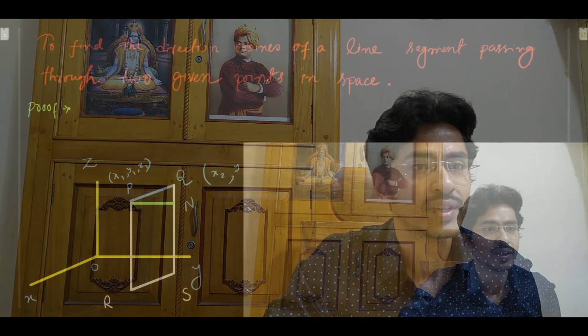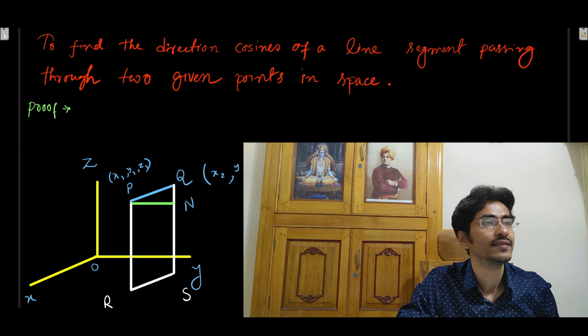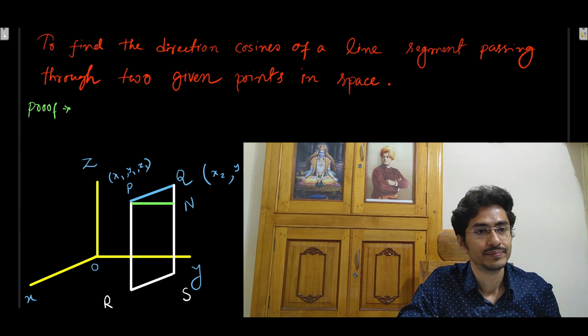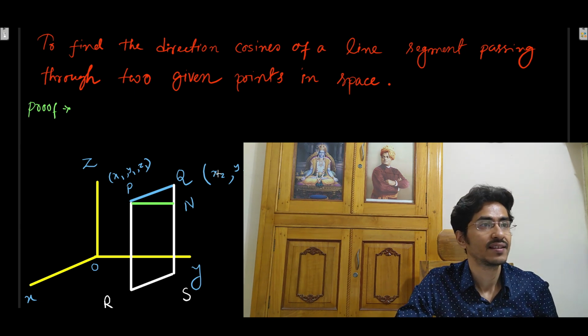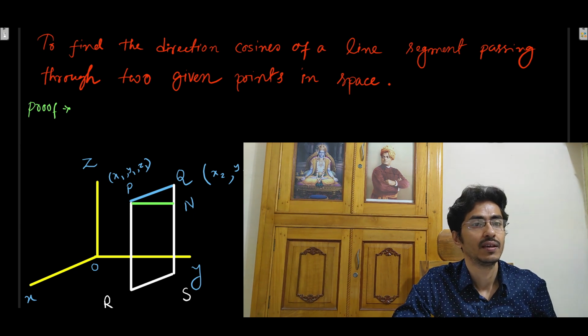Later in the proof, we will consider the right angle triangle PNQ. So here we will draw another picture. Here this is PQN, PNQ right angle triangle.